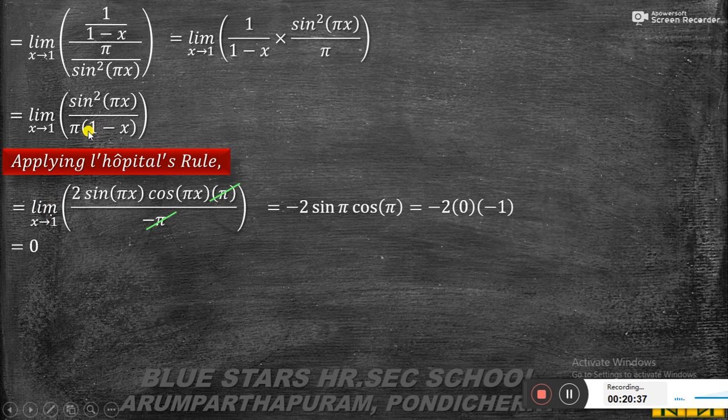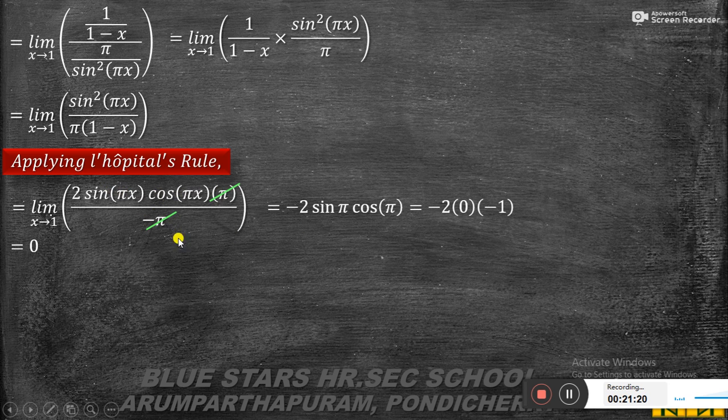So limit x tends to 1, differentiation of the numerator sine square pi x is 2 into sine pi x, differentiation of sine is cos pi x, differentiation of pi x is pi. In the denominator, pi is a constant, differentiation of 1 is 0, differentiation of minus x is minus 1, so minus pi into minus 1 gives minus pi. The limit will come here, so limit x tends to 1 of 2 sine pi x cos pi x pi by minus pi.